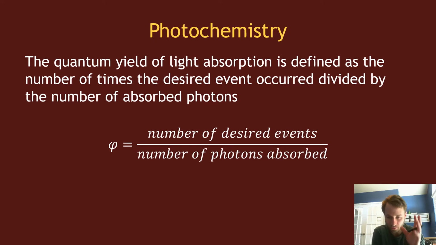It's the same thing for quantum yield: the number of desired events versus the number of events that happened. The starting material is the number of photons absorbed, the amount of light that's been absorbed. And the final is the number of photons that got emitted, or the number of triplet states that got formed, or things like that, okay?